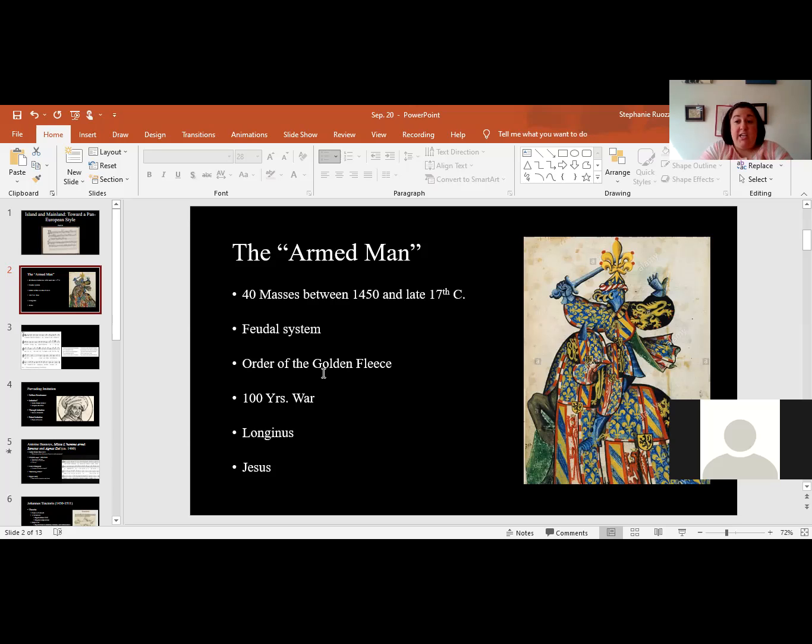Also, Jesus himself as the armed man. We'll talk about that in a second. But noble warrior gets embodied in all of these ways. Noble warrior in a feudal system means all of these things to Renaissance composers and listeners. So why?